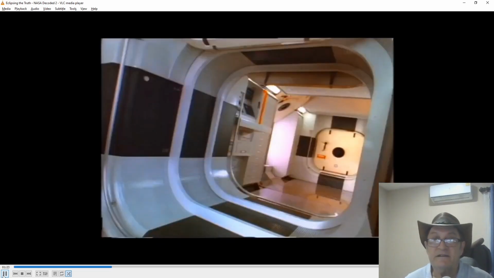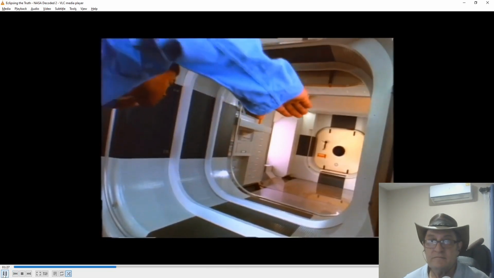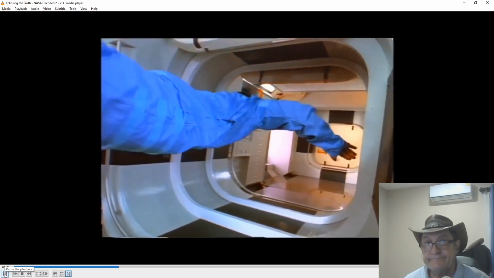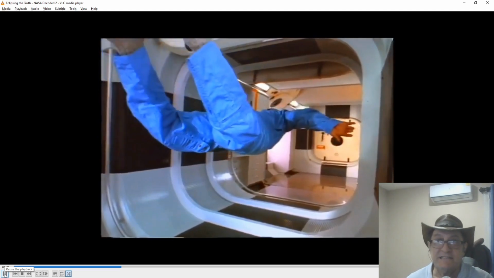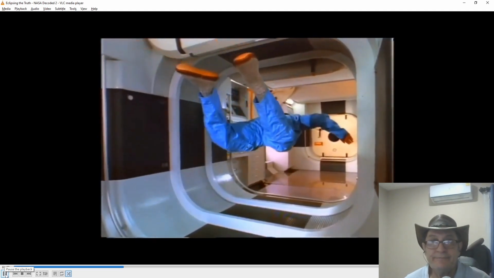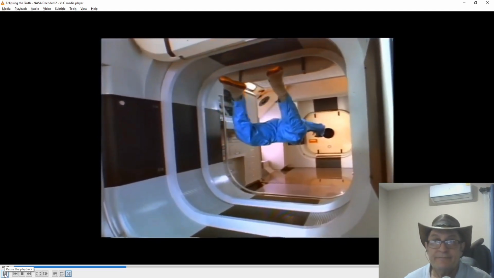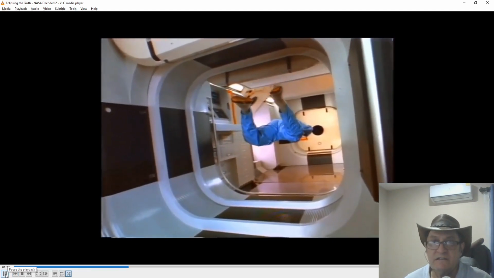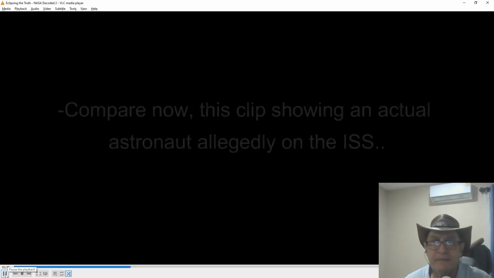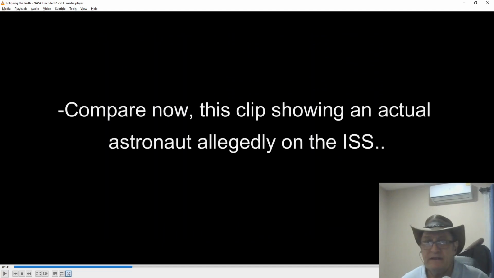Scientists in the U.S. lab. Nice. That one doesn't seem to have wires either. Although maybe they could have done it with wires.